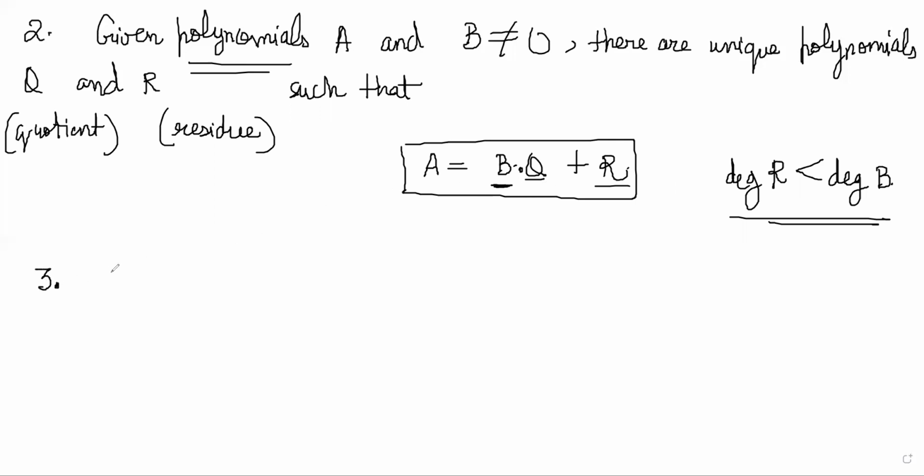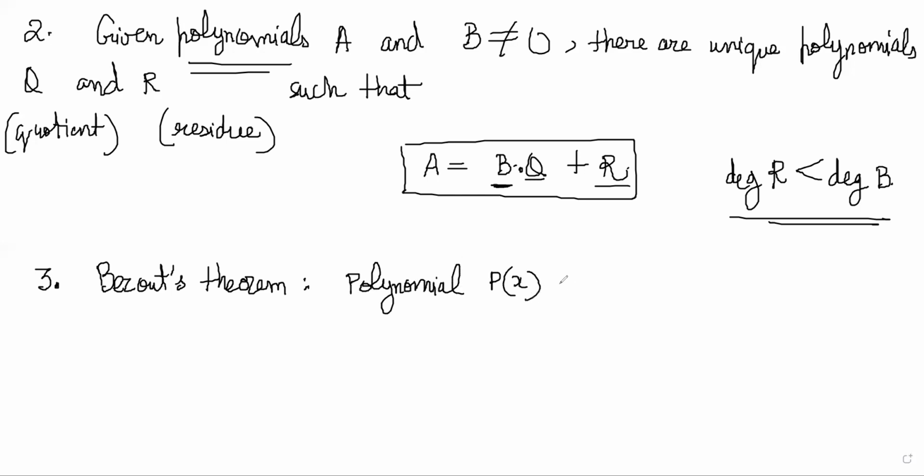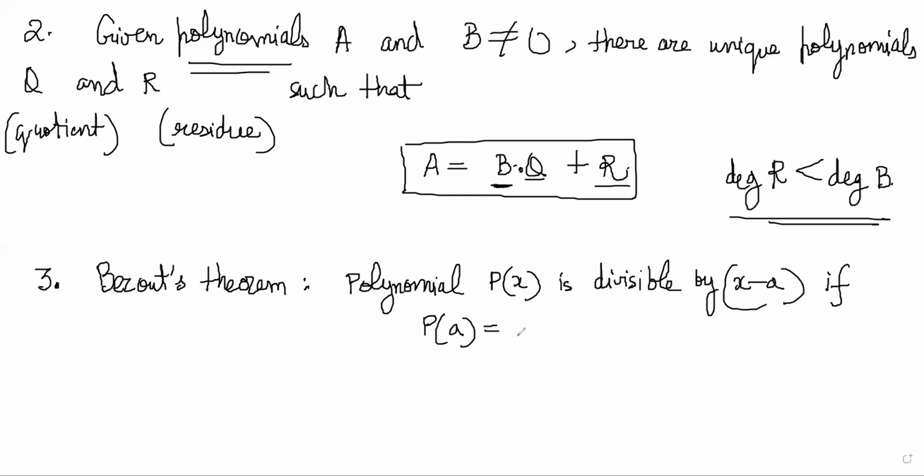The third thing that we want to talk about is Bezout's theorem. Bezout's theorem says, which you probably might have heard as the factor theorem, the polynomial p of x is divisible by x minus a if p of a is equal to 0. So this is something that is familiar to everyone.